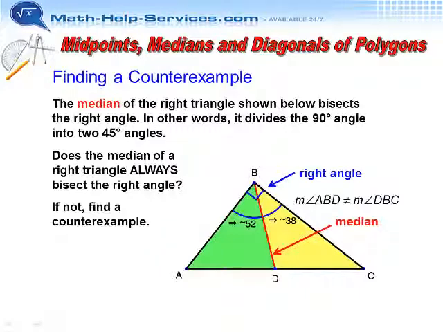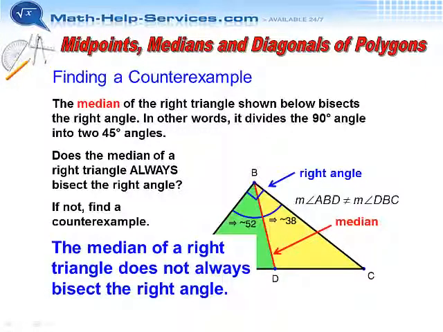However, they are complementary. So the median of a right triangle does not always bisect the right angle.